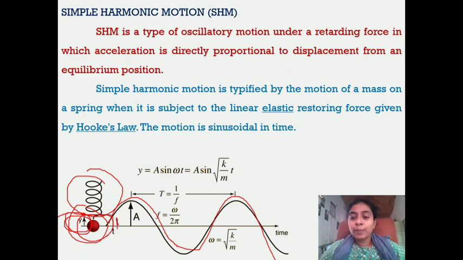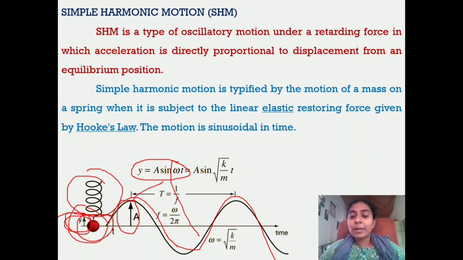This displacement y is represented as y equal to A sine omega t. A is the maximum amplitude, the maximum radius of oscillation.